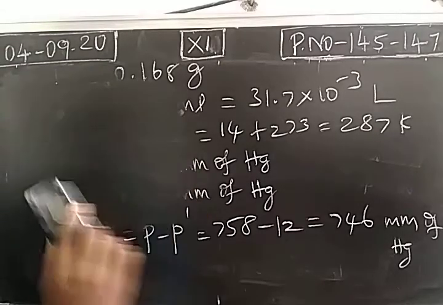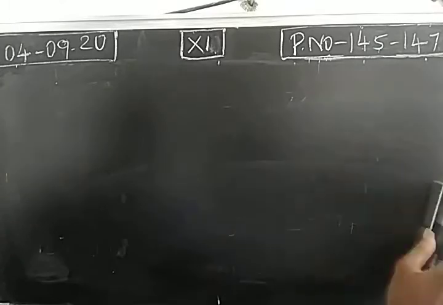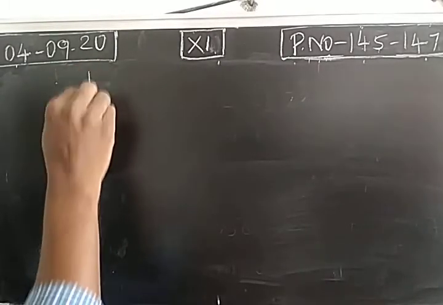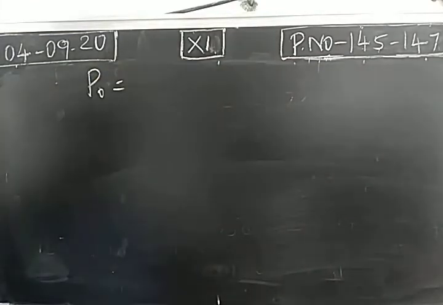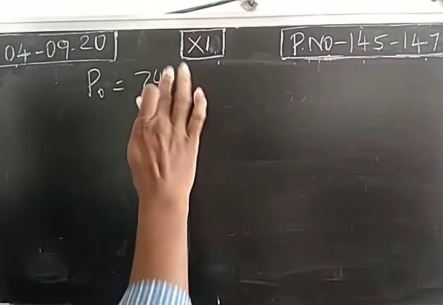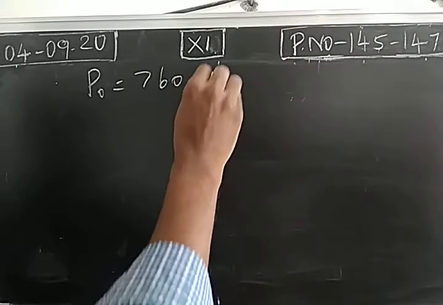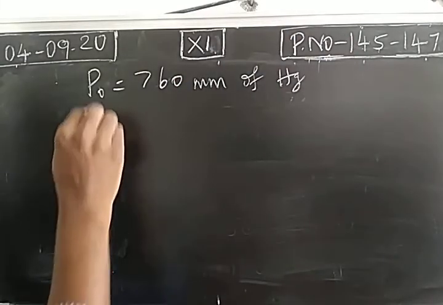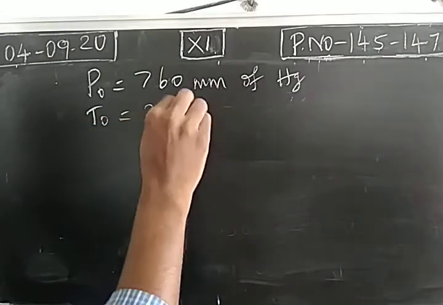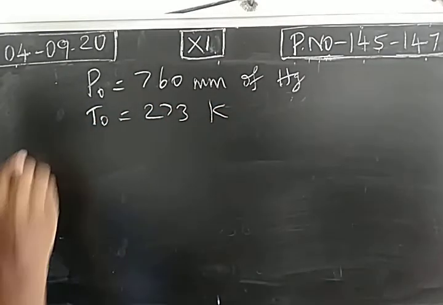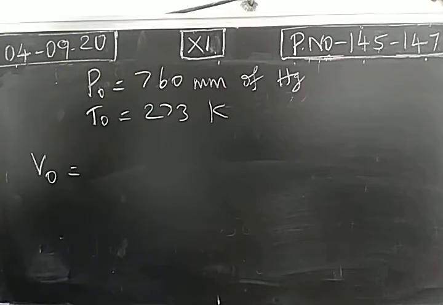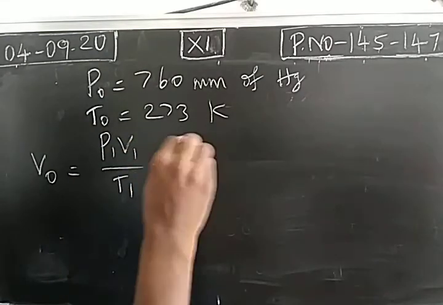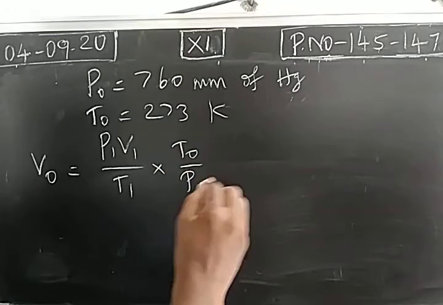Next, the P0 value we know already. Standard pressure 760 millimeter of mercury. And what about T0? 273 Kelvin, standard temperature. We need V0. What is the formula? P1 V1 divided by T1 multiplied by T0 by P0.